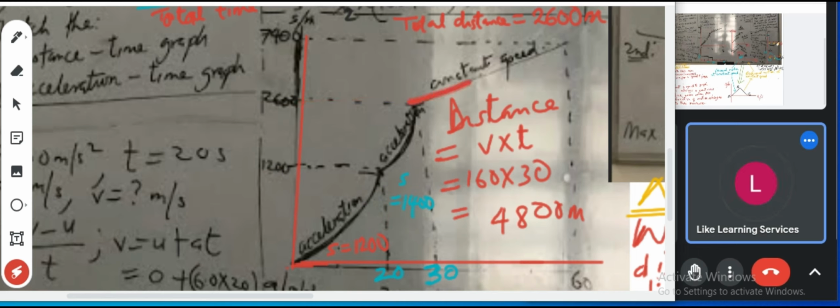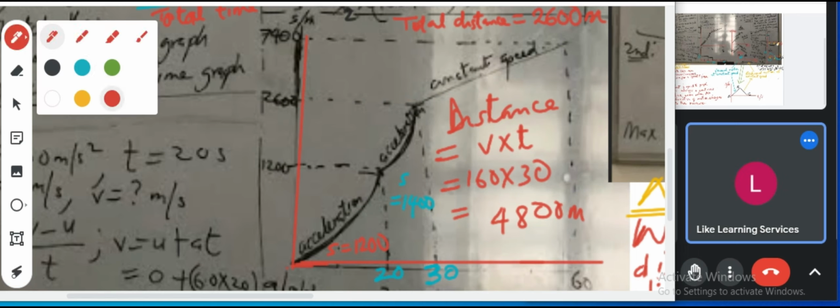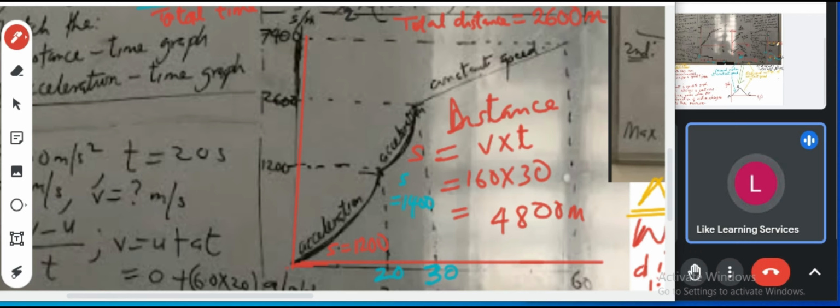Now, this last stage is a constant speed, which we found to be speed times time. You can simply use the formula S equals speed times time for any constant speed situation. And we found 160 times 30, that gives us 4,800 meters. So that will tell you what this value will be. I'm not sure you're even seeing what I'm pointing at. Are you? Yeah. Okay.